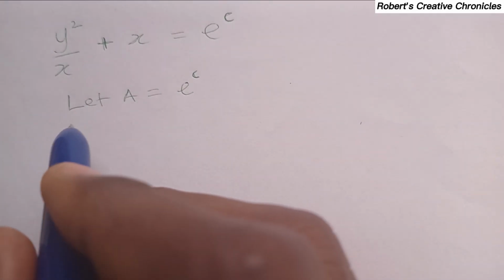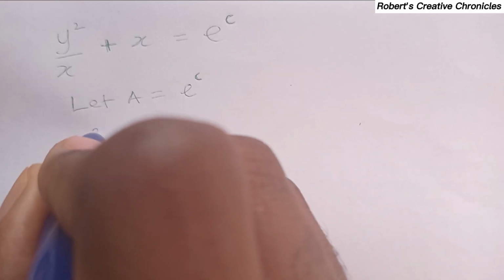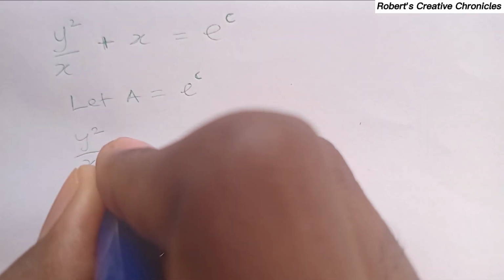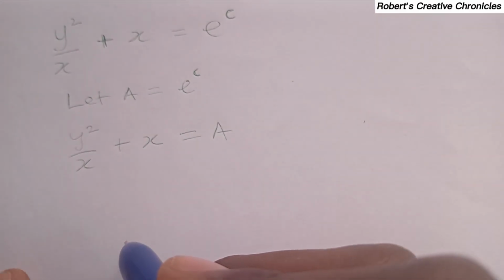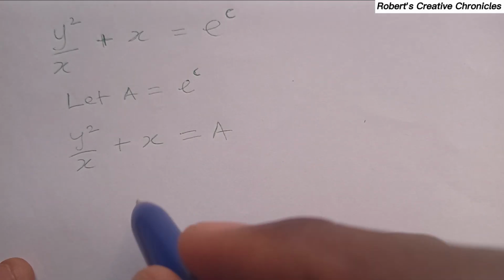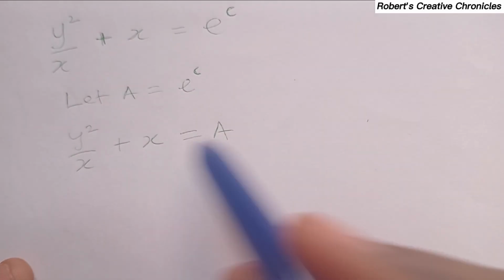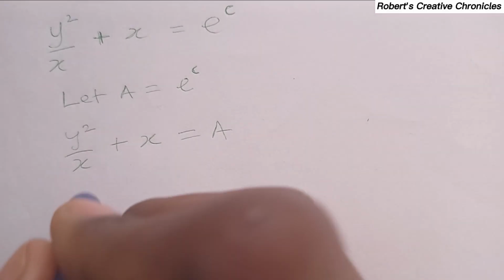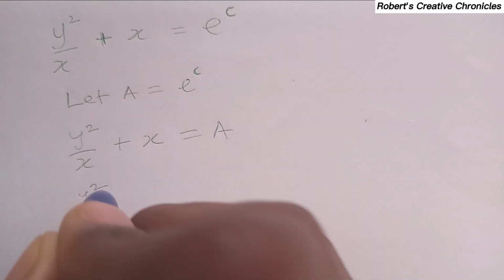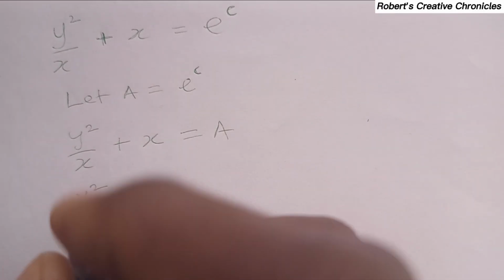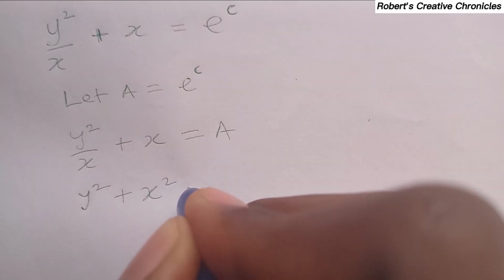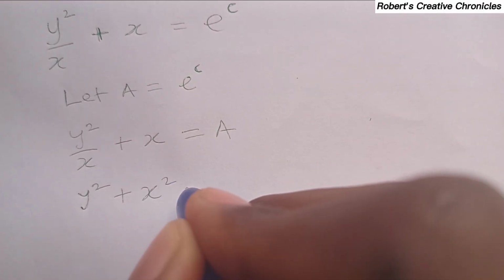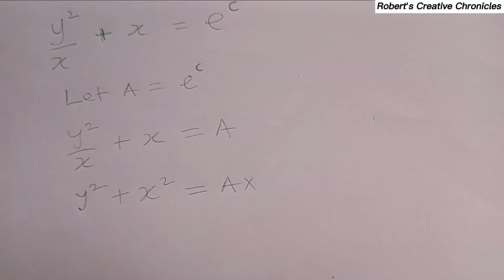So now it will become y squared over x plus x equals a. Then we will multiply by x, so this x will cancel. So it will become y squared plus x squared is equal to ax.